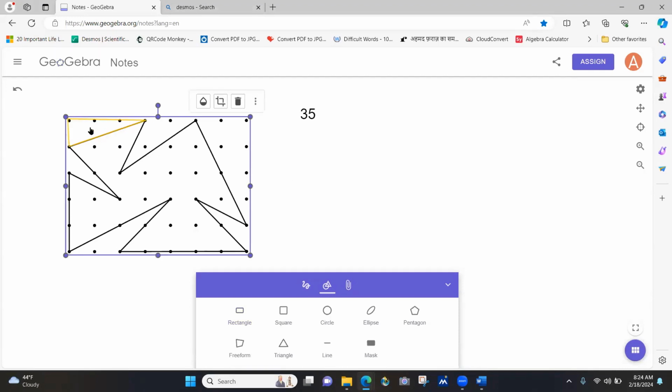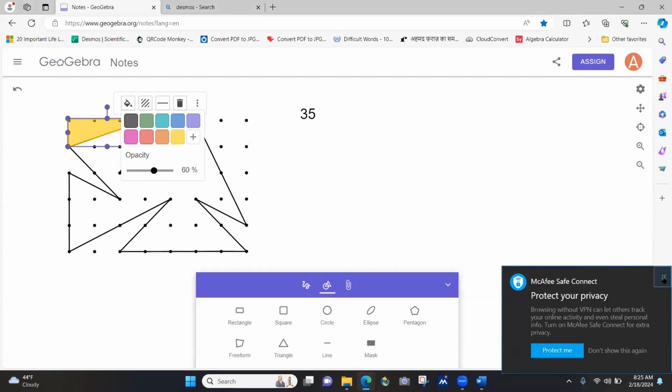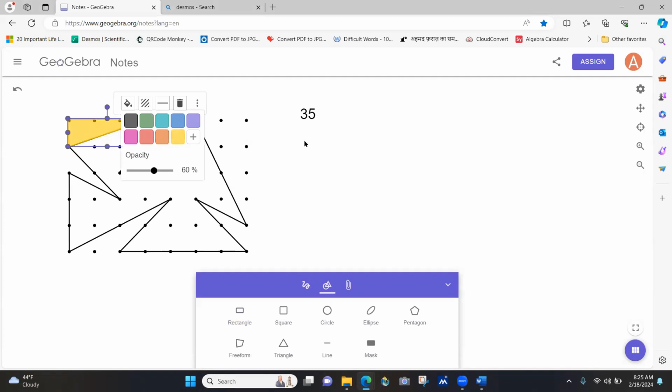Okay, this yellow triangle must have an area of 1.5. The whole rectangle is 3 units, and you have to get it. Okay, there's no shortcut.